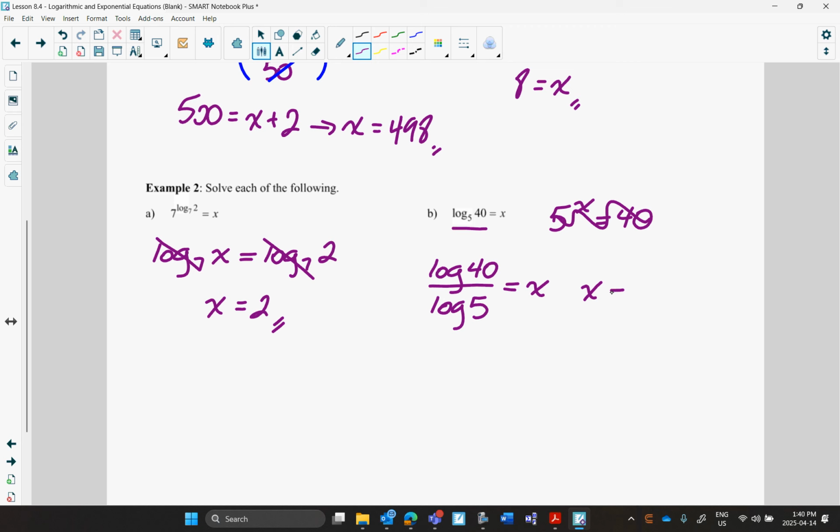Anybody got it? Read the whole answer for me. 3 decimal places. 2.920. Okay, sorry, I thought you were saying 2.9. Okay, gotcha. We're good.